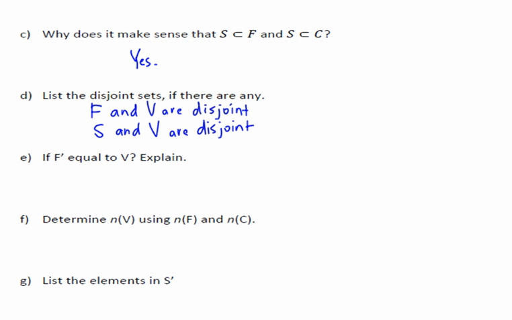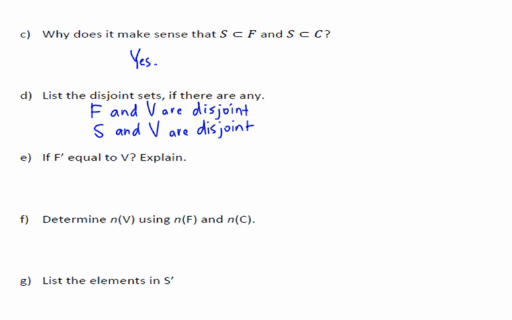So S and V are still disjoint. You would say them separately. We only talk about one set compared to another set. We don't mix sets. So S and V are disjoint.